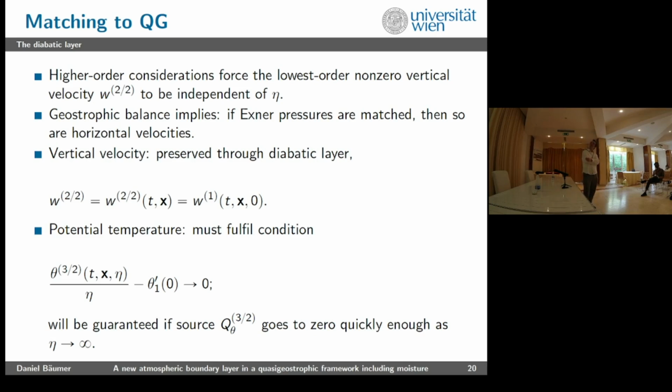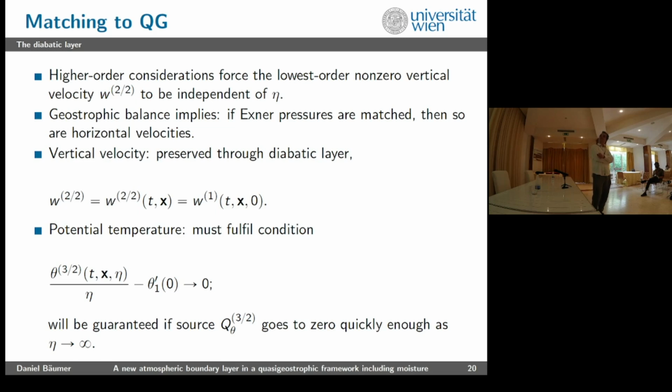And since geostrophic balance is maintained in the diabatic layer, we immediately know that if we can successfully match the pressures, the extra pressures, then we also get the matching for the horizontal velocities, because those are immediately determined by the former. So, yeah, for the vertical velocity, since it is preserved through the layer, we get bottom boundary condition again, right?